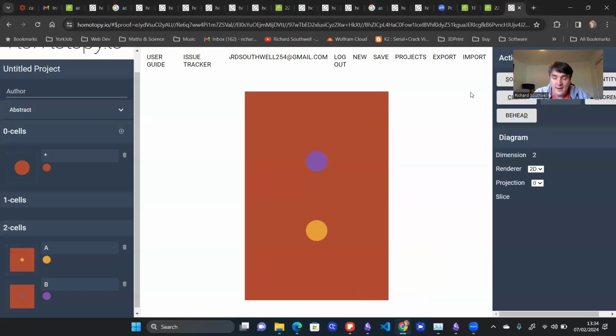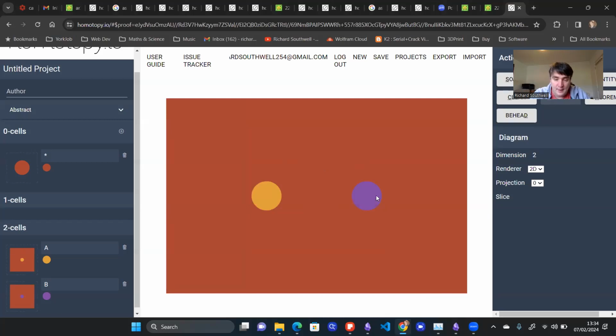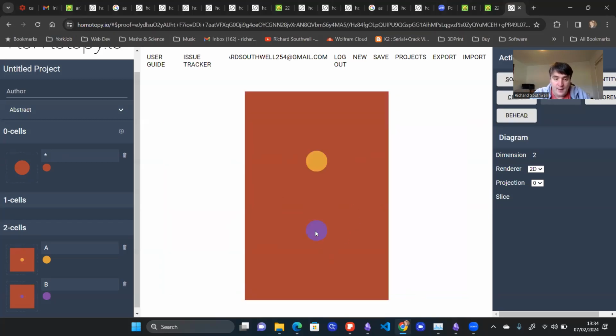It's easy to see in Homotopy IO. If we get this vertical composition of A and B, then we can literally just drag these things around.